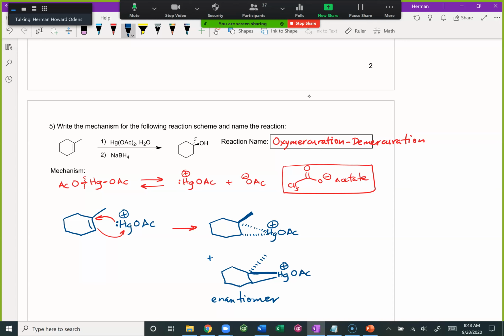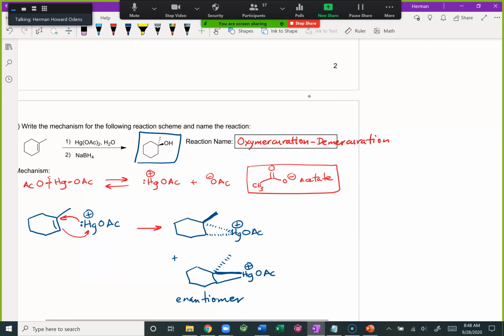Now, on a mechanism, notice that I'm interested in finding the right product. That is my job, to prove this molecule exists and to get to it. So I need to pick the intermediate structure that will get me there, and it's the one on the top.